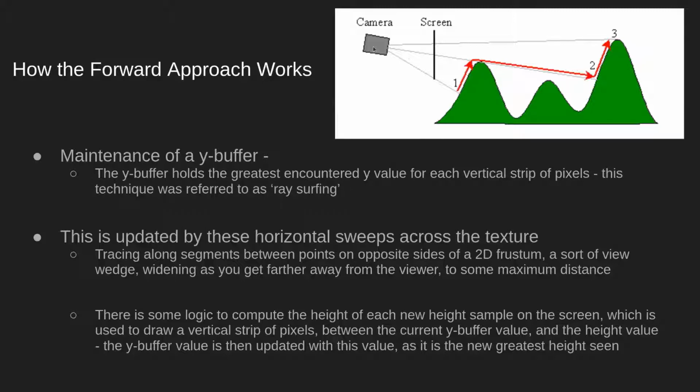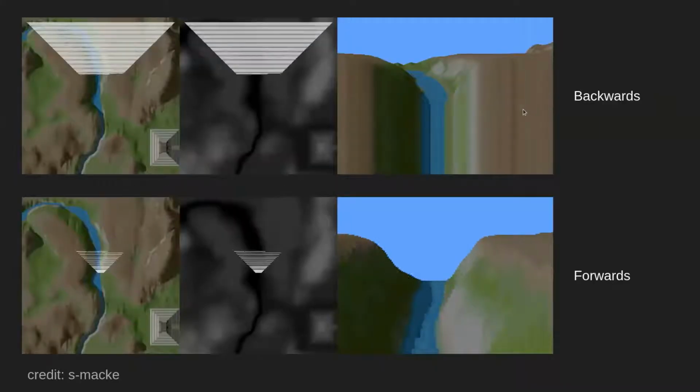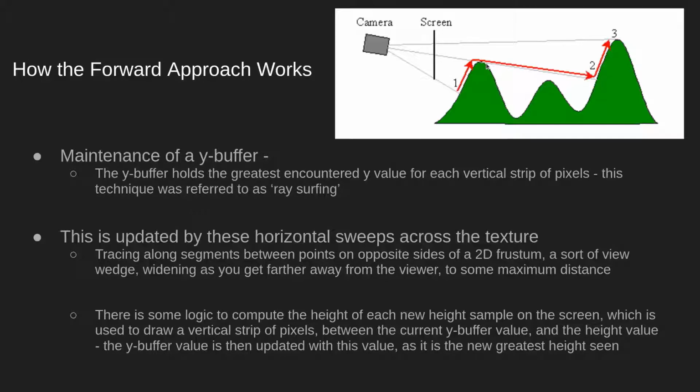Starting at the bottom of the screen with the Y value equal to 0, you go forward from the camera location and get these height samples, and that updates continually. So you're not drawing these spaces where this lower section is. You know that you don't have to overdraw in these sections. But when that height value becomes greater than the Y buffer, you begin to draw again.